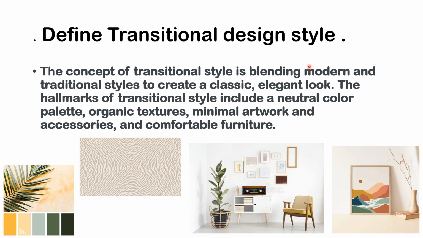You also have to add a modern touch to the furniture in your transitional design style. So yes, you have to achieve the lines and the curves in your furniture, but it should not go totally into traditional design style, because traditional design style has a lot of bulgy furniture.